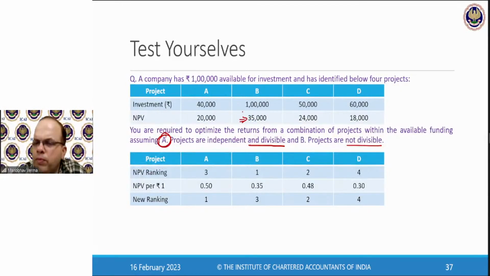Ranking will change. Now project A is number 1, ACBD. So your ranking is in front of you. You need to tell me the projects you want to take for question number A, guys. Projects are divisible. Which projects you want me to take? Waiting for your answers.